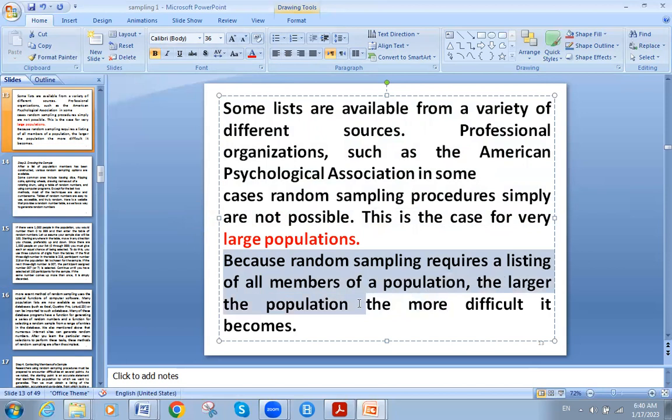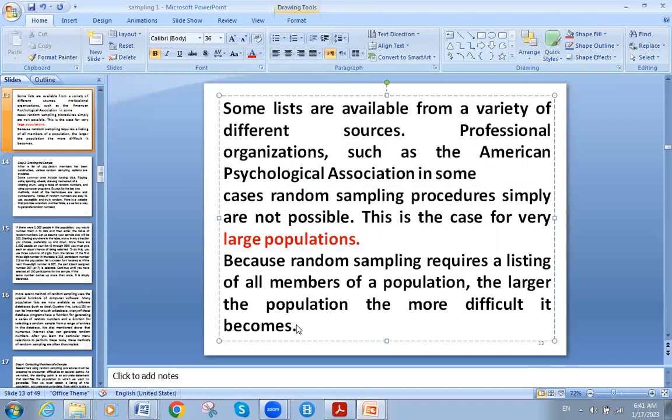The larger the population, the more difficult it becomes. As an example, you are studying the characteristics of the buyers in Brampton. You cannot write a list with all the people of Brampton and say this is the population, the collection of all the elements.